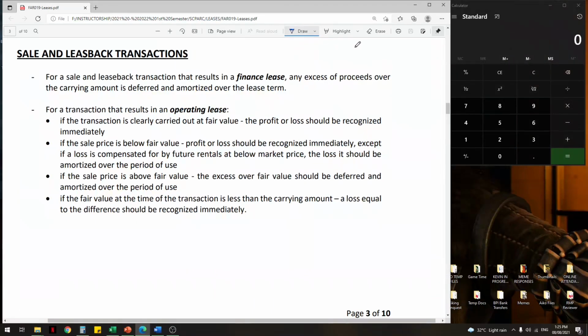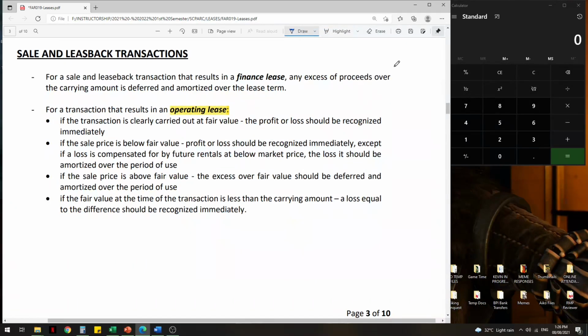Okay, so earlier, the problems that we had were based on IFRS 16 na nag-a-assume na in most cases, ang lease po na magre-result based on the accounting ni lessee will be finance lease. Pero of course, we should not also exclude the possibility na in a problem, there could be a resulting operating lease from a leaseback. Okay?